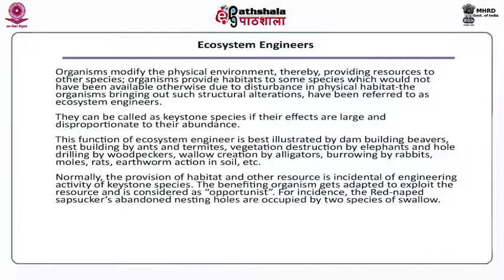Normally, the provision of habitat and other resources is incidental to the engineering activity of keystone species. The benefiting organism gets adapted to exploit the resource and is considered an opportunist.